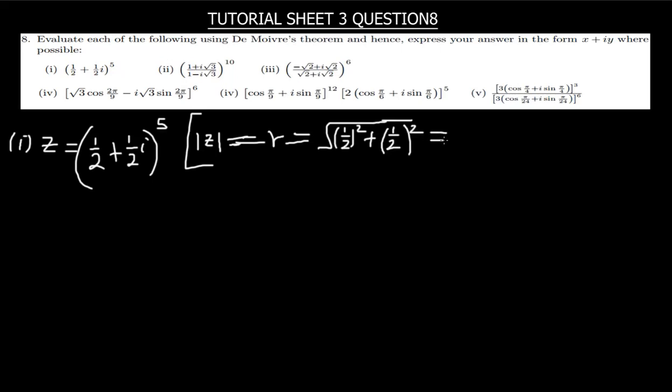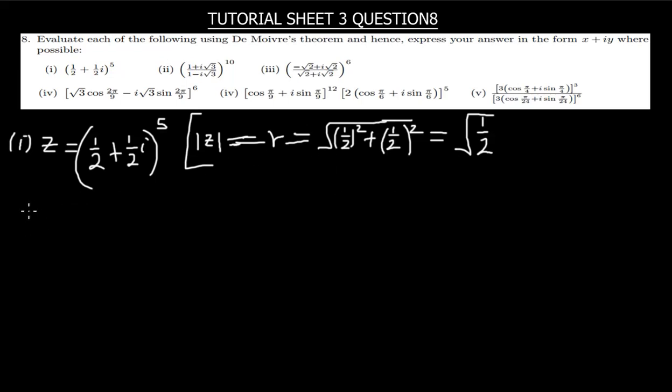Then after finding the answers there, you discover that your answer will be the square root of 1 over 2. So this is going to be the magnitude of z.